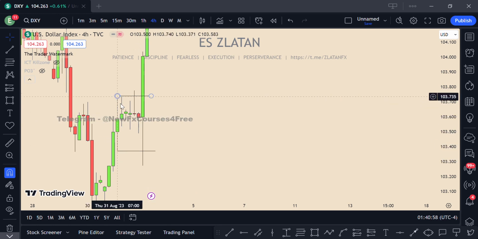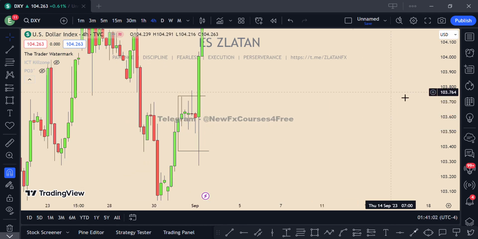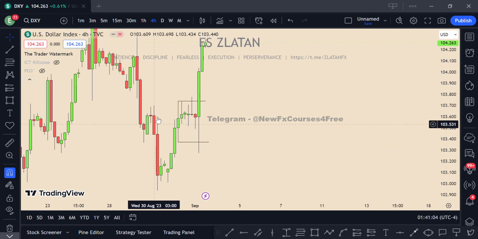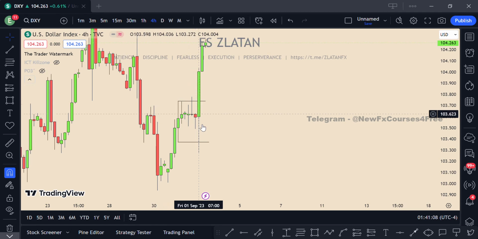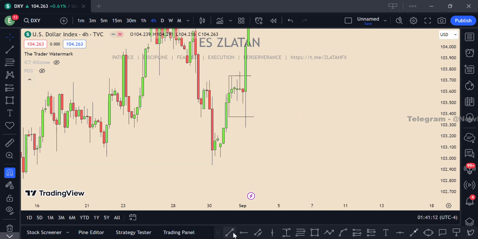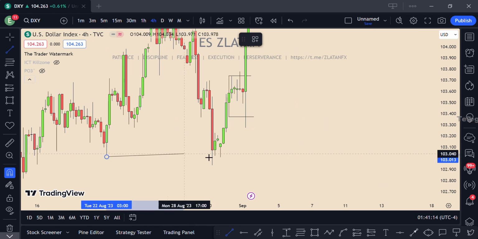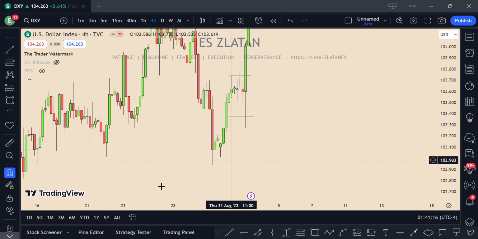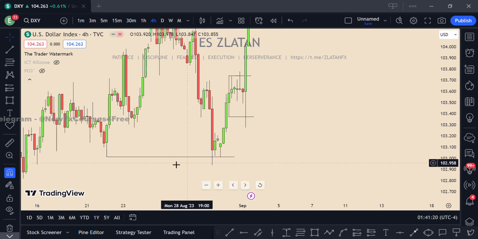So this is the stuff I want you guys to know about. This is where your market structure works most times. Now this is a market structure break, took out the high and then came back here. Why is it a market structure break? Old low was taken, came back into the range. That's a key level, right?